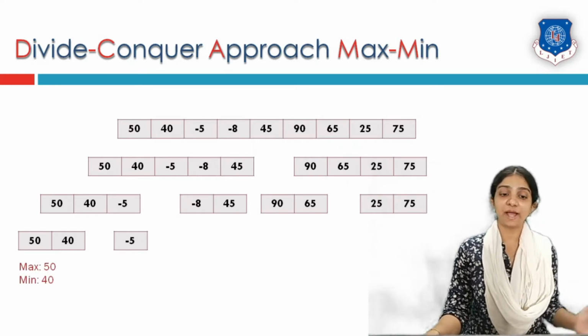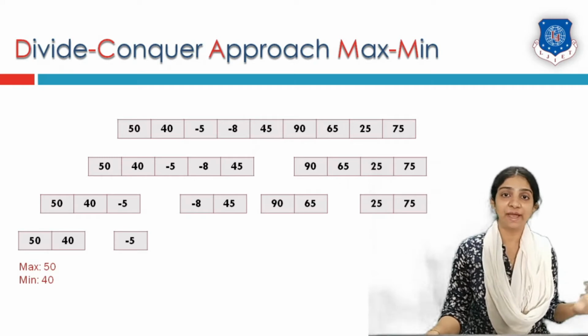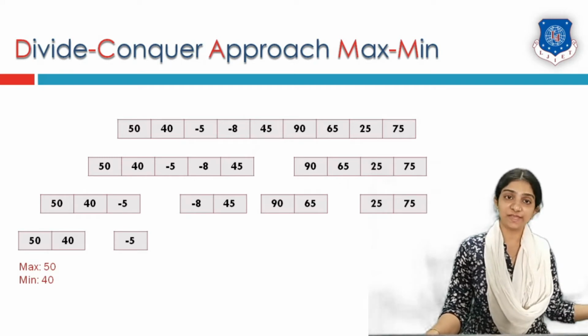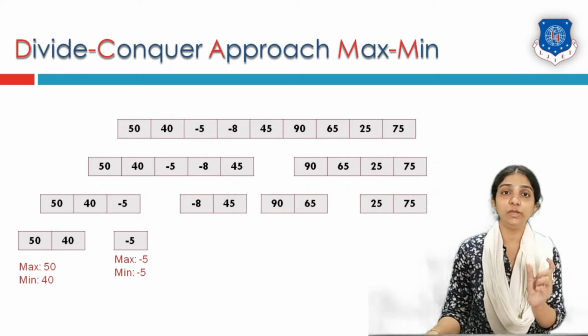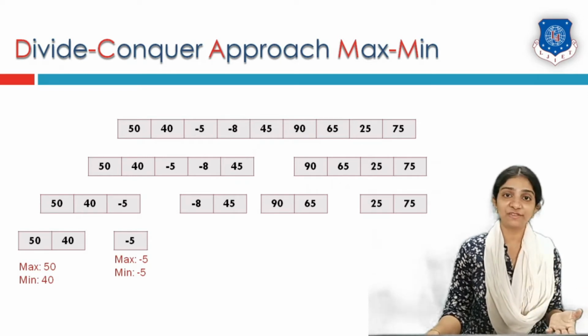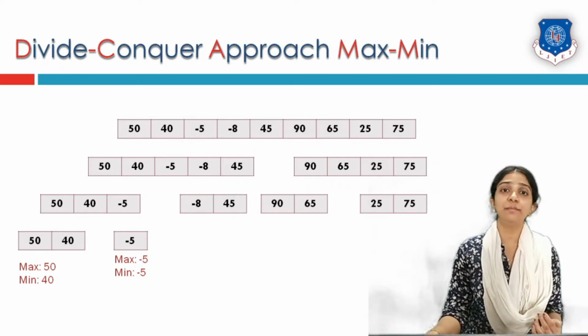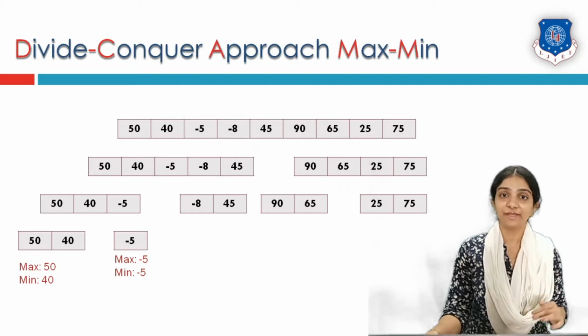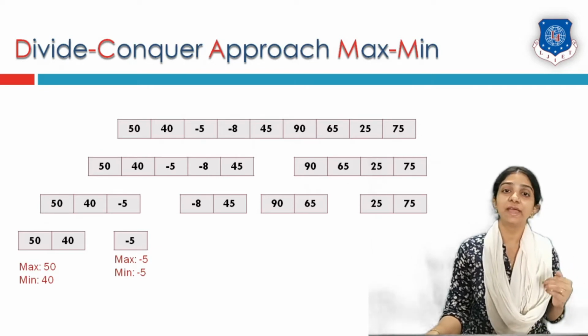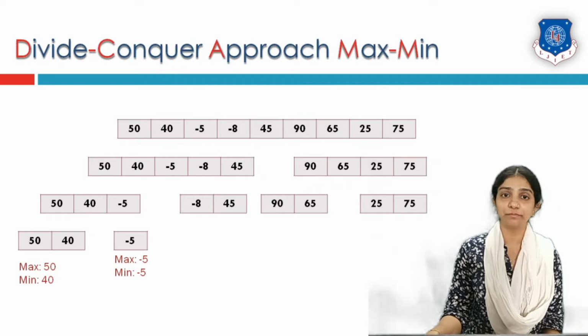So max is 50 and min is 40. In our second sublist, where there is only one element, no comparison is required. Directly, max and min will be the element itself. That is, max is equal to minus 5 and min is also equal to minus 5.